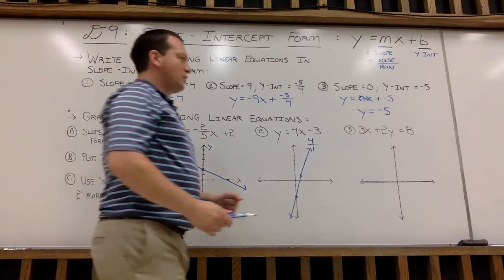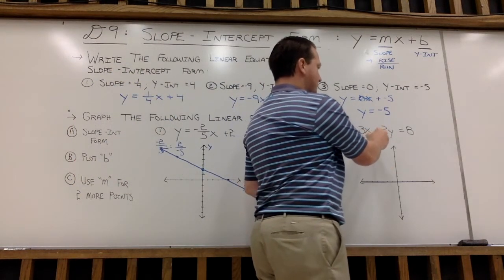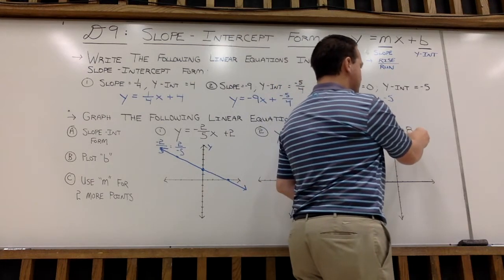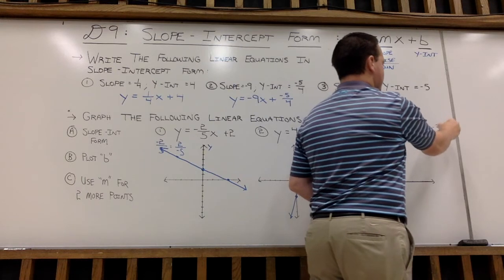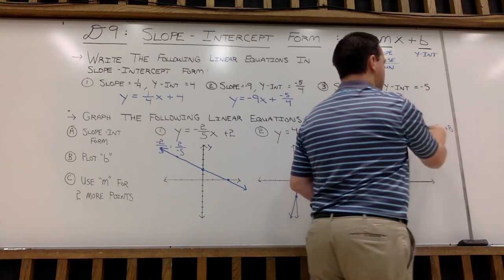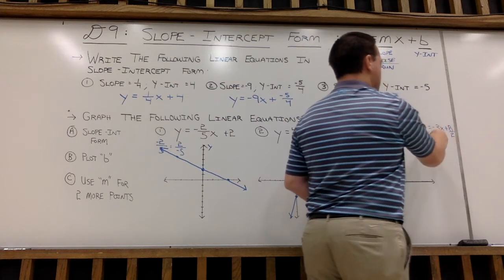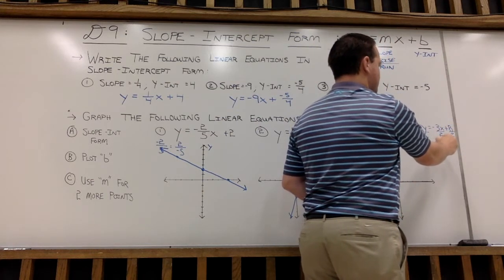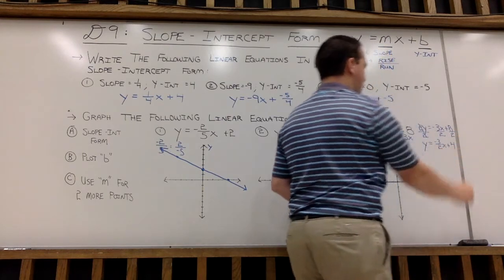Last example, again, we need to get this in y equals format, so I'm going to get y alone. First, subtract 3x from both sides. So I'm going to have 2y equals negative 3x plus 8. Divide all terms, both sides, by 2. I'm going to be at y equals negative 3 over 2 x plus 8 divided by 2, which is 4.